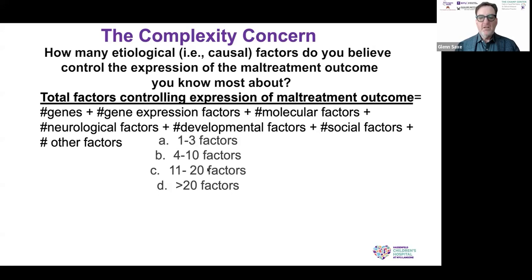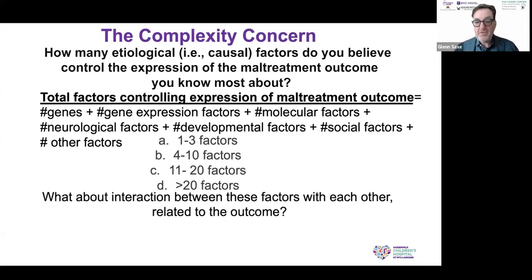Okay, let's put our poll away. So yeah, we are in a multi-causal world, and many of you picked D or C, vastly multi-causal. So let's stick with that, and I'm going to talk about what this means.